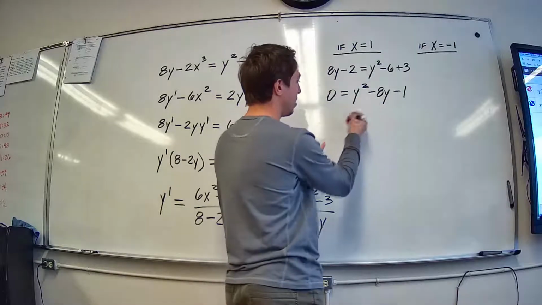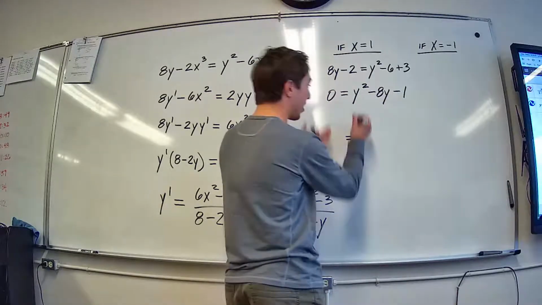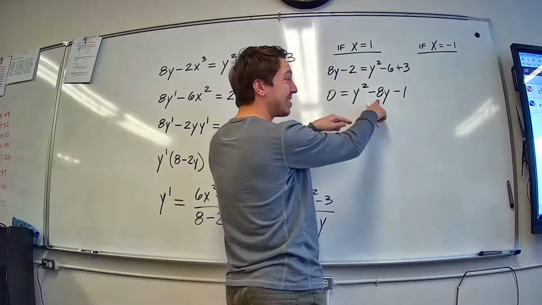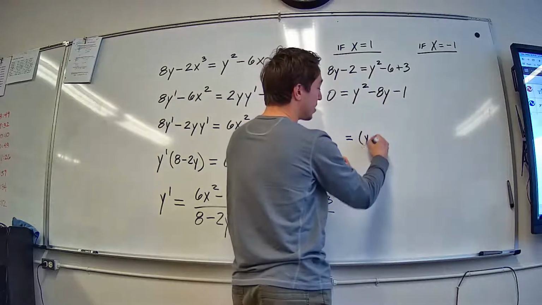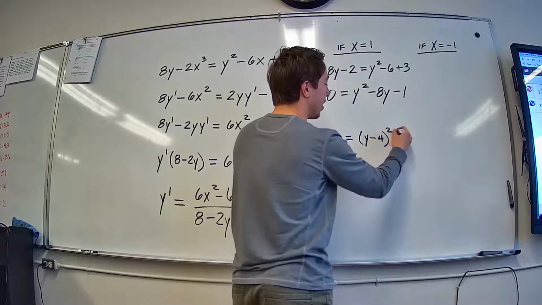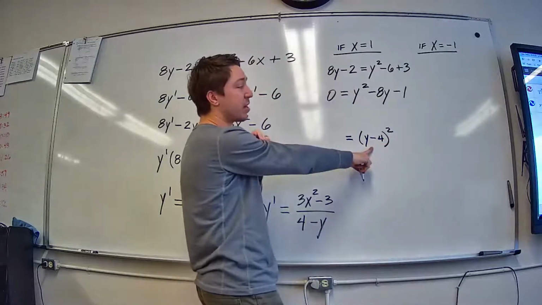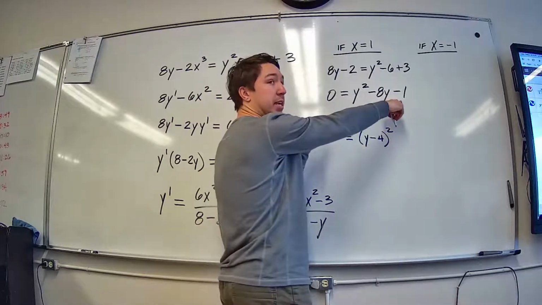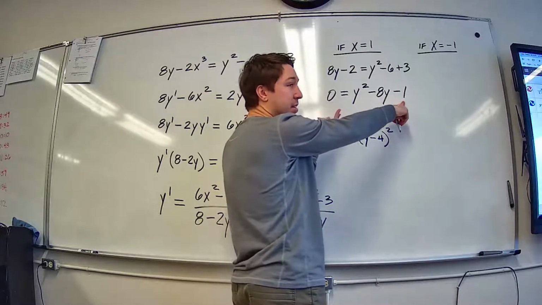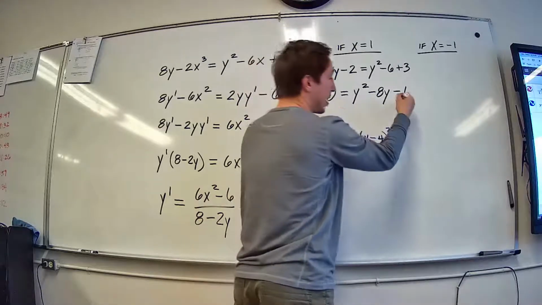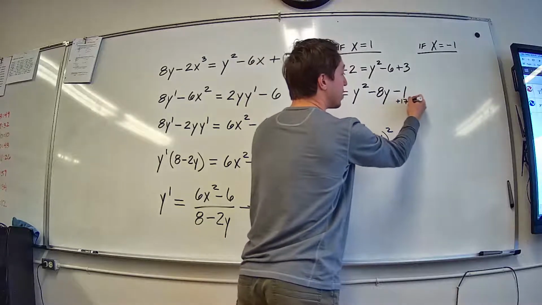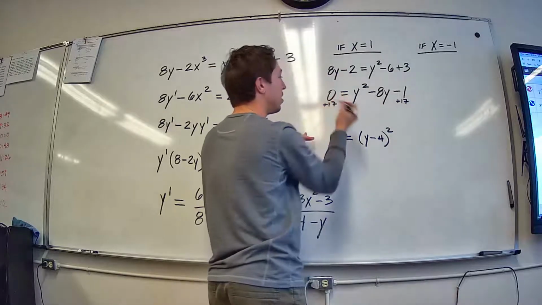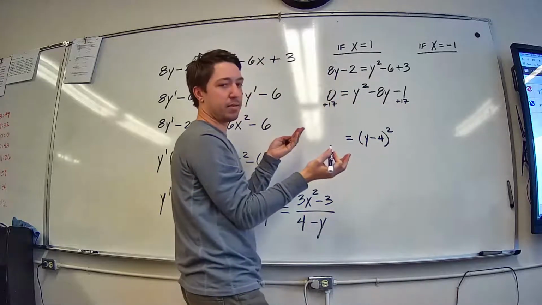Because this is an 8, I know that this has the potential to be eventually written as y minus 4 squared. Well, 4 squared is 16, so that's how I knew that I wanted a 16 there. So how do I make that a 16? Well, I'd have to add 17. Does that clear it up a little bit?